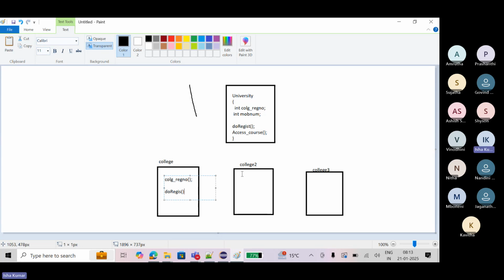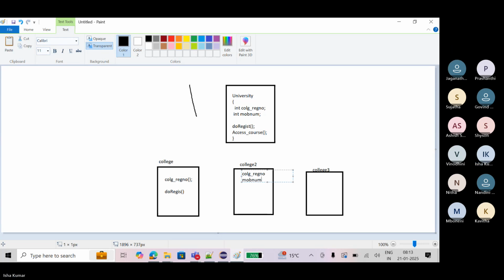Same way, college 2 is having both the properties, college registration number and mobile number. He has not registered. He is just acquiring one behavior, that is access course.